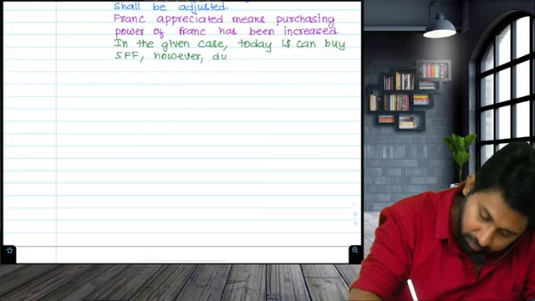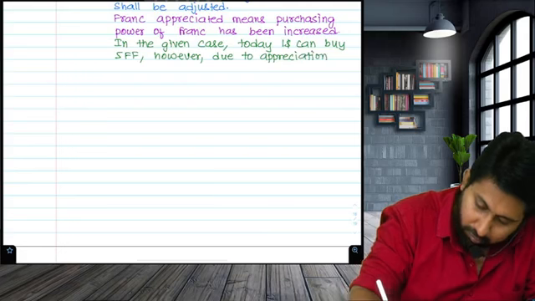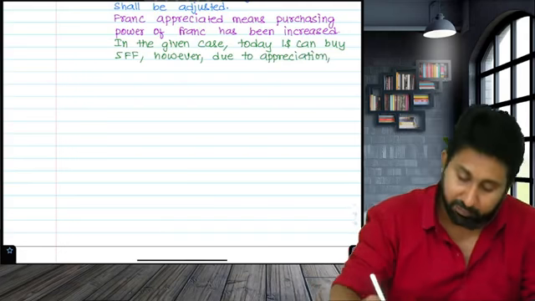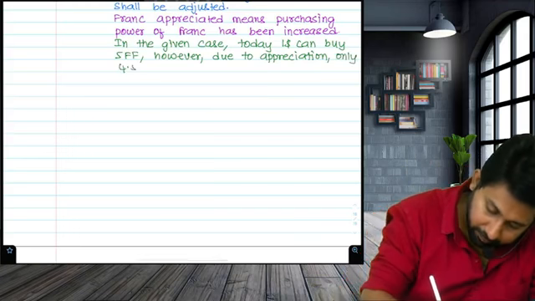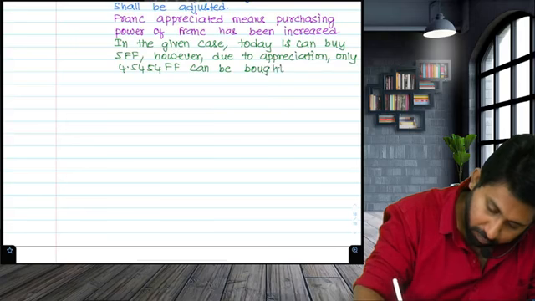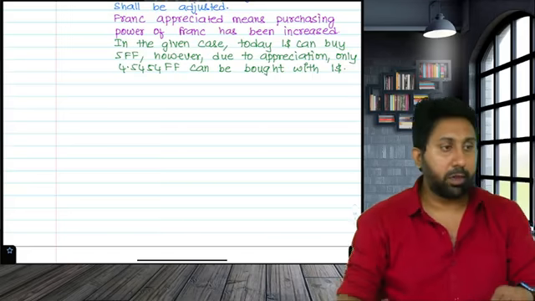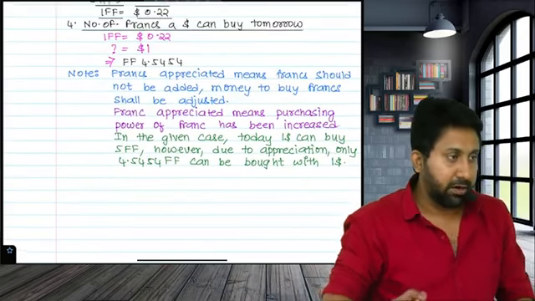However, due to appreciation, only 4.5454 francs can be bought with $1. So this is how the notes can be drafted.